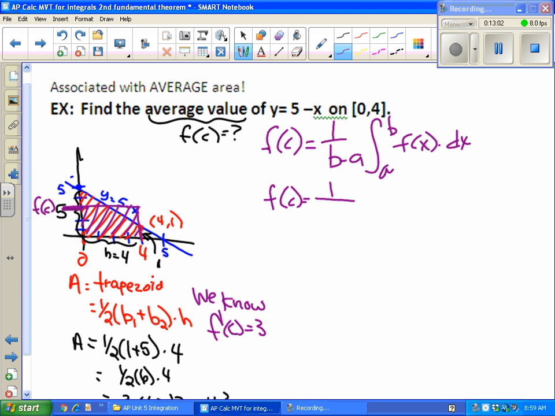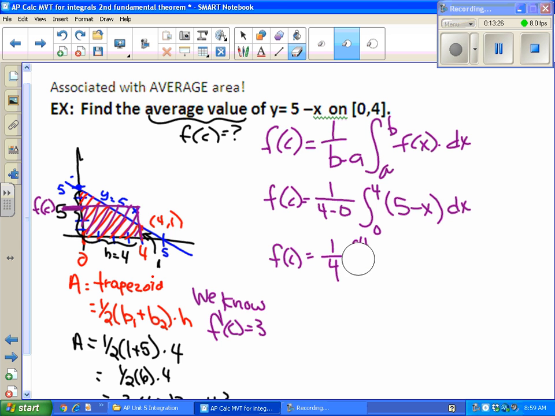So 1 over b minus a would be 4 minus 0. The integral is from 0 to 4, and the function is 5 minus x dx. Pretty good so far? So the average value f of c is 1/4 times the integral from 0 to 4. I'm just going to go ahead and do it. I'm not taking up too much time.